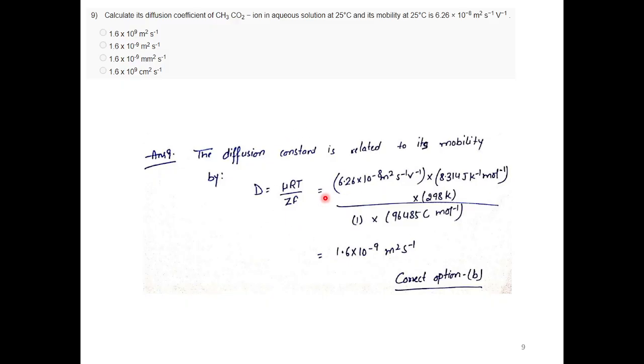Mu is 6.26 into 10 to the minus 8 meter square per second per volt, into 8.314 joule per Kelvin per mole, into 298 Kelvin, divided by 1 into 96,485 coulomb per mole, which equals 1.6 into 10 to the minus 9 meter square per second. So overall the value is around 1.6 into 10 to the power minus 9, right? So the answer is B.